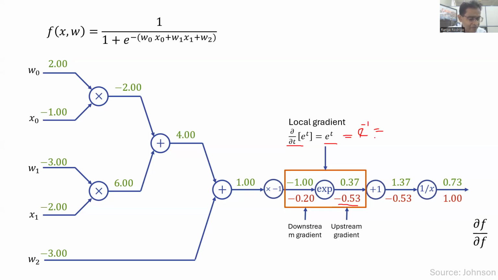That turns out to be 0.3678. And that one you have to multiply by minus 0.53. So you can clearly see that the downstream gradient is the upstream gradient multiplied by the local gradient. The other ones I will not do.